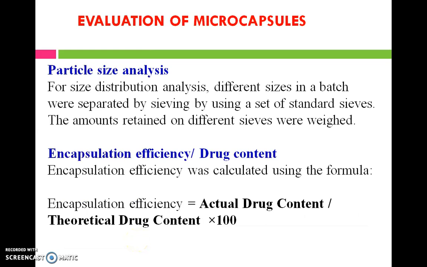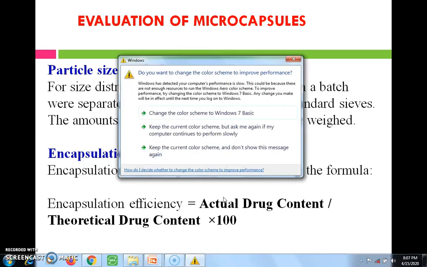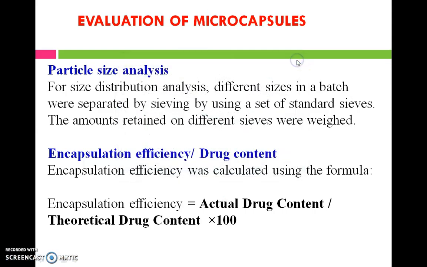Particle size analysis can be done by either sieve analysis or optical microscopy method. Next evaluation parameter is encapsulation efficiency or drug content, also called drug loading. It is simply done by determining the drug content in a given sample of microcapsules, and microencapsulation efficiency is calculated by actual drug content divided by theoretical drug content into 100.